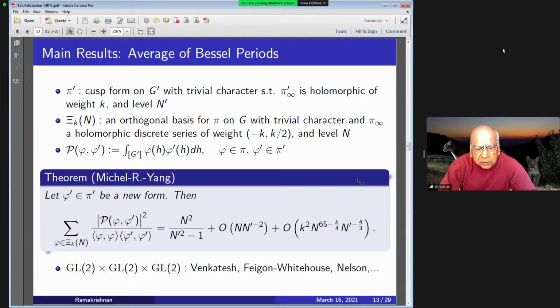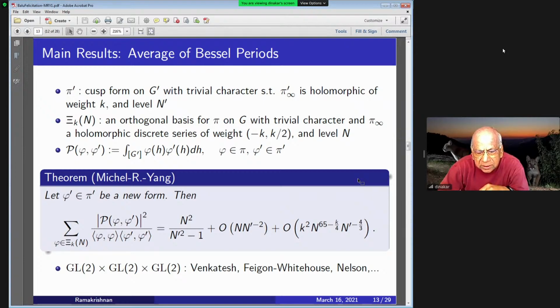So what we proved with Philippe Michel and Liang Yang is this: if you take a phi prime, which is a classical newform of weight k, and now you take an orthogonal basis of holomorphic forms on U(2,1) of this weight at infinity, trivial character, and level n, then if you take the sum here, the right-hand side is what we get out of the geometric side of the relative trace formula.